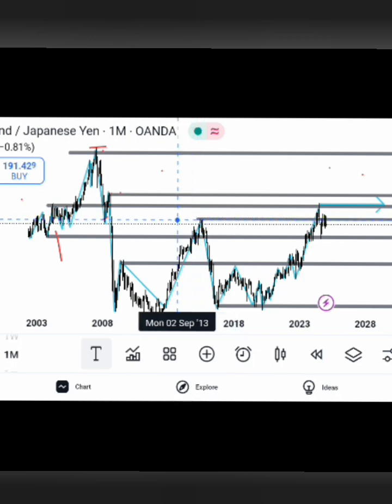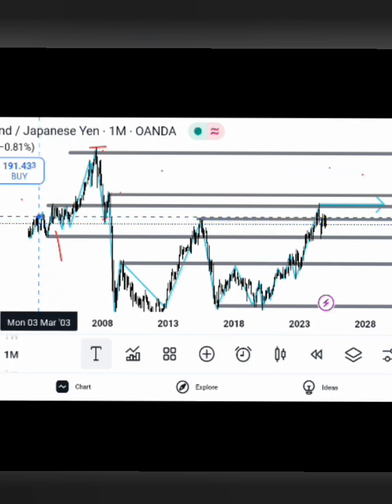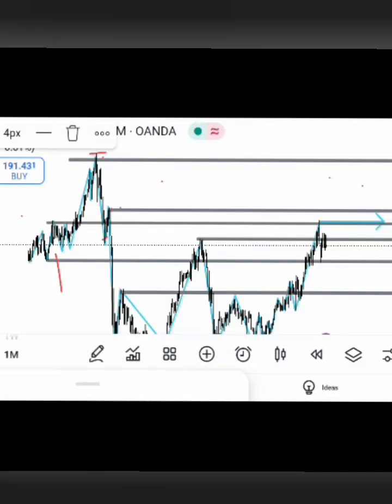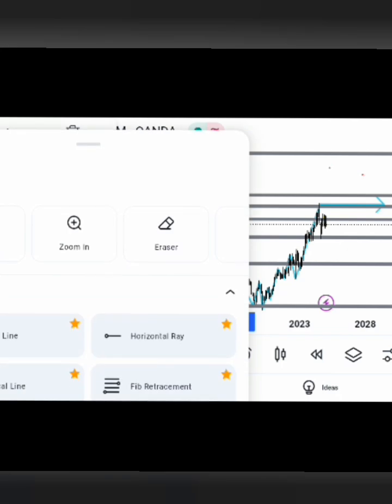Who can tell, who can assume what it respected? Of course, it is this internal turning point here. Can you see? There's an internal turning point. Let me use trend line to show you that internal turning point. Alright.